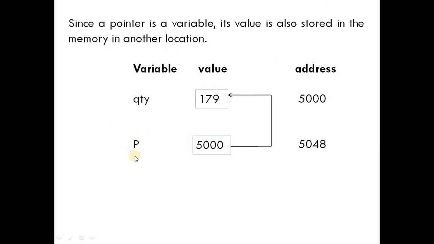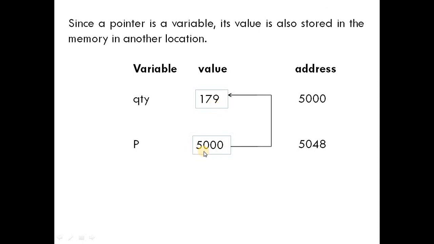I have created one more variable whose name is p, and it stores the memory address of quantity. So the value of p is 5000, which is nothing but the address of quantity. Storing this value of p also requires memory, so it will also have an address. The address for p is 5048. So in this case we can say that p points to 179.